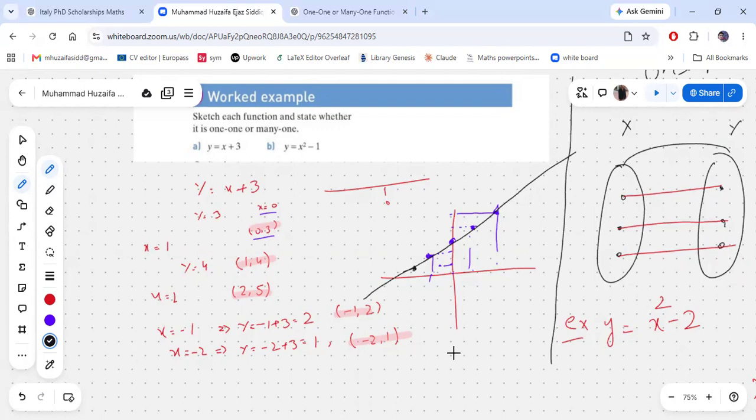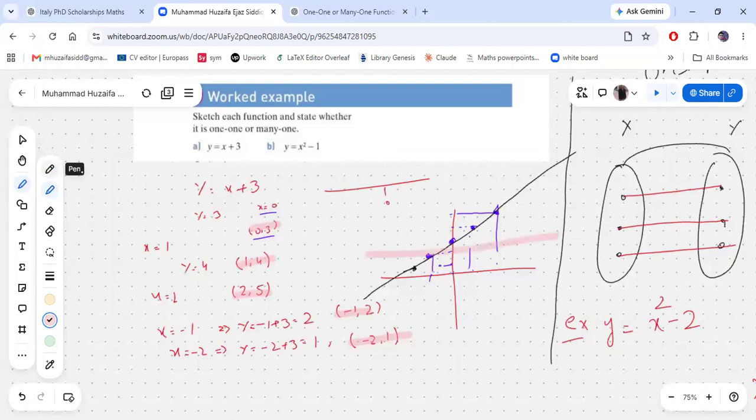Yes, sir. So the function x squared minus 1 is many-to-one. But here, this is the one-to-one function. Why? If I make a horizontal line, in our previous section we already discussed that a horizontal line is the parallel line along the x-axis. Suppose that I draw it with the highlighter.